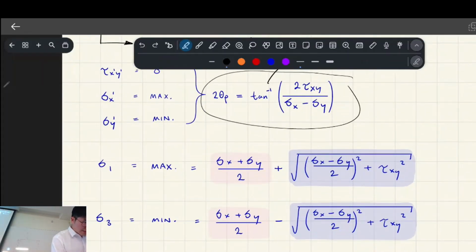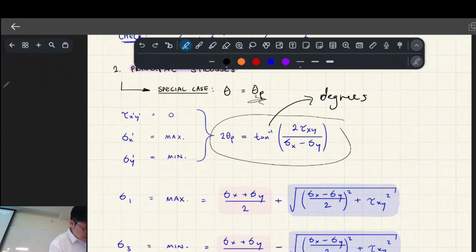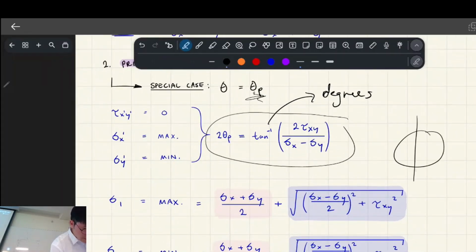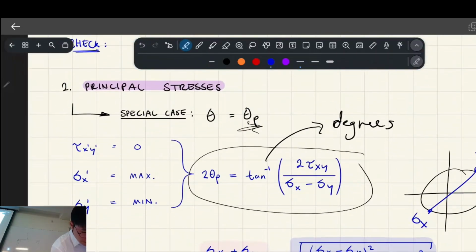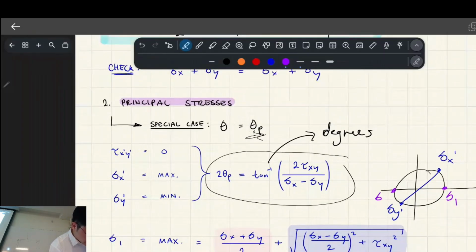Imagine your Mohr circle looks like this, and you're given these values here, which are your rotated ones. To find the minimum and maximum, sometimes they're called x1 and x2 or 3.